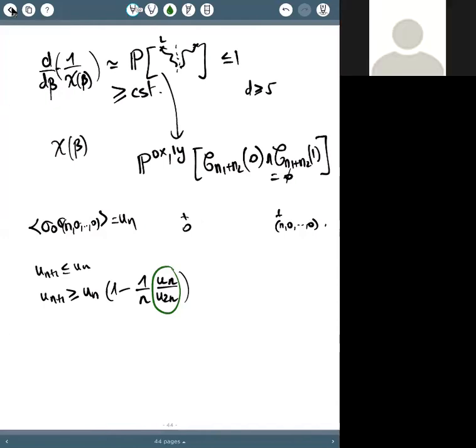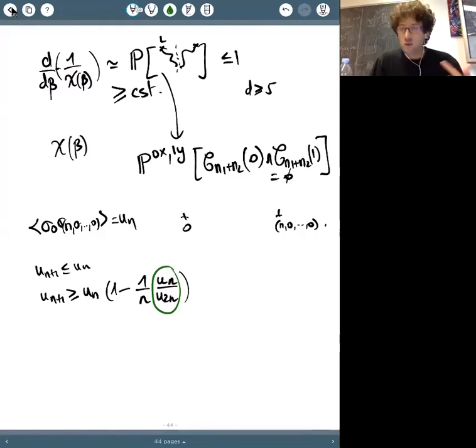So in order to really manage to get things like that, we use reflection positivity all the time. We define even what we call regular scales, which are places where u_n doesn't drop too much, and we derive from reflection positivity information on that.